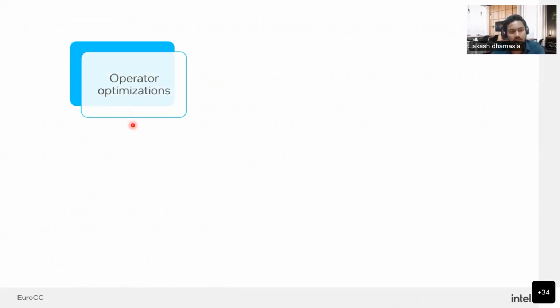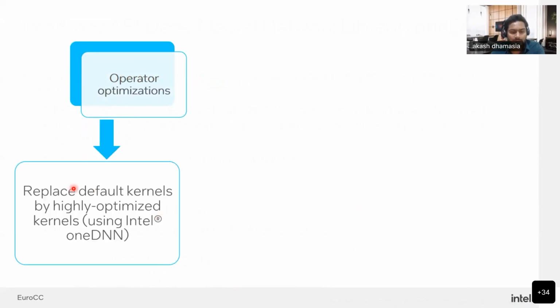First is operator optimization. What it basically means is that it is replacing the default kernels of your framework, like TensorFlow and PyTorch. In TensorFlow, they use Eigen kernels, and in PyTorch they use ATen and these kinds of operators.